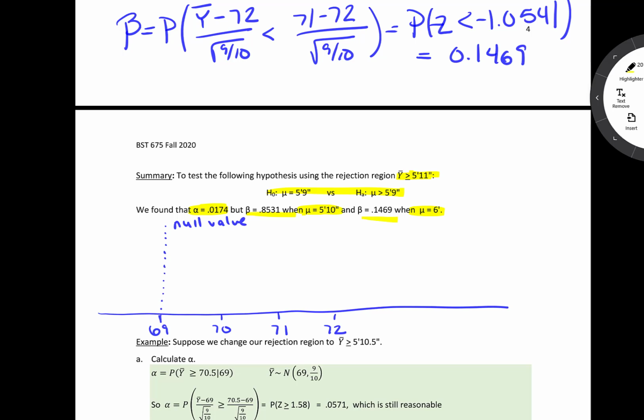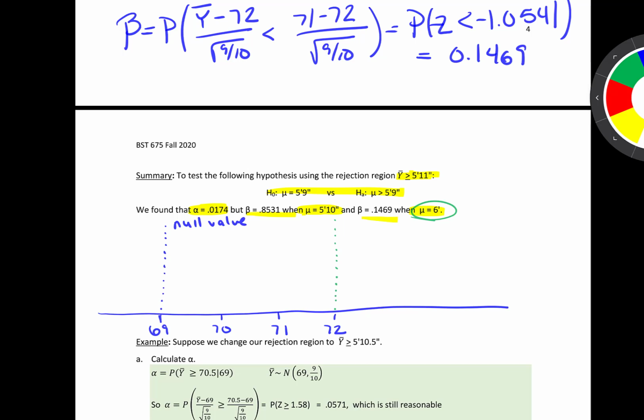So first thing we're going to do is look at what the distribution looks like when mu is equal to 72. So if mu is equal to 72, let me change my pen color here. Notice this is what we had when mu was 6 foot.